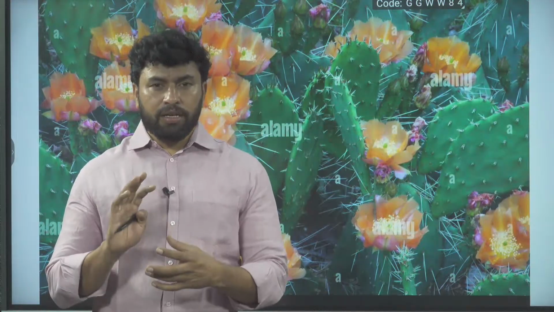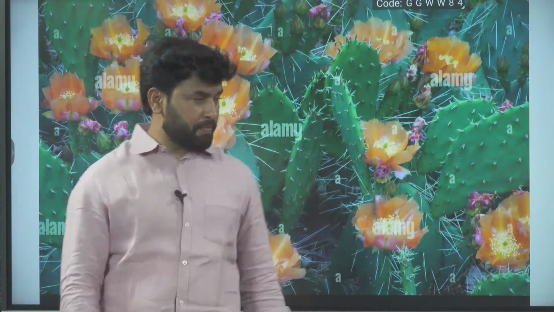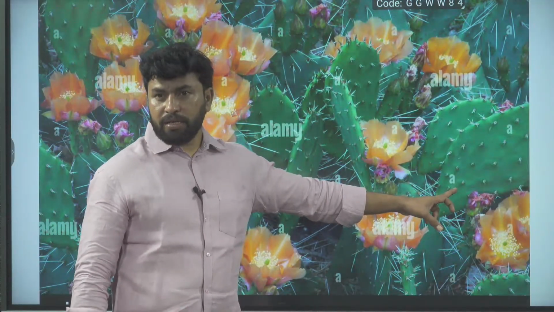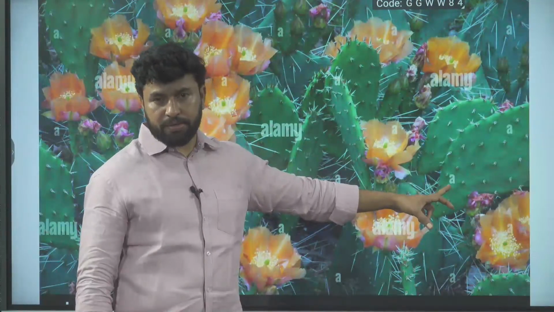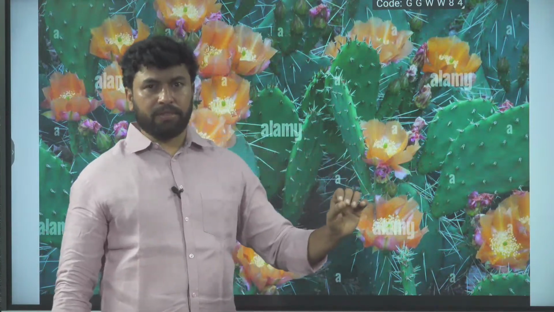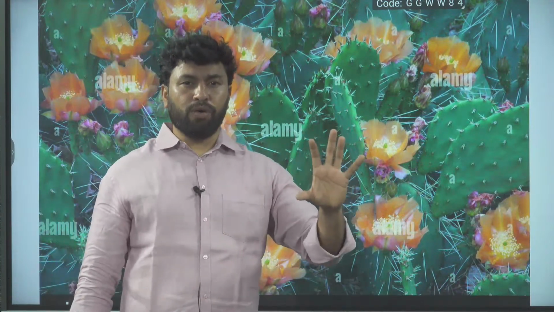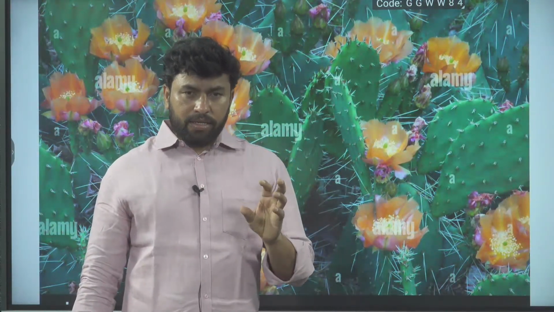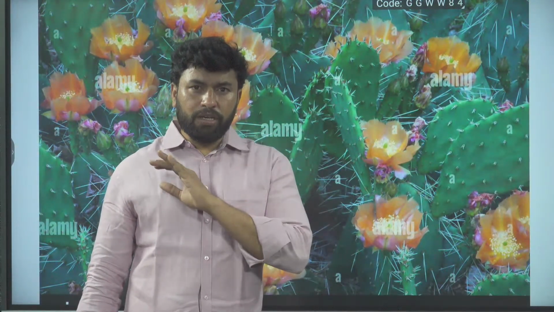So in order to conserve water, they do two things. First, they store water in their stem. Remember, this is a fleshy stem also. The stem not only performs photosynthesis, the stem also stores water. Next, they remove leaves.